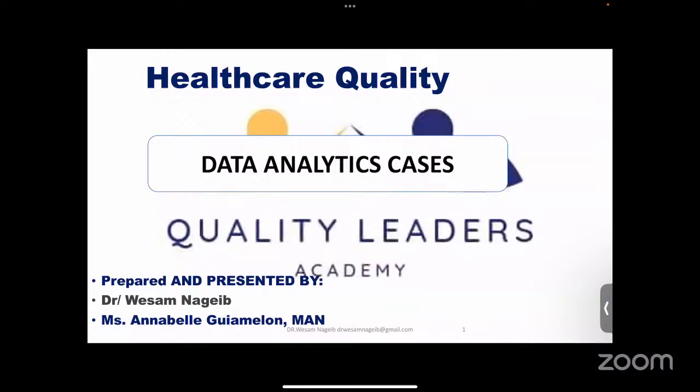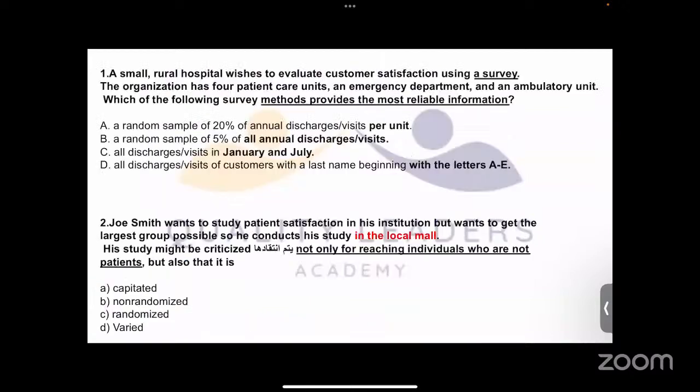Number one, a small rural hospital wishes to evaluate customer satisfaction using a survey. The organization has 4 patient care units, an emergency department, and an ambulatory unit. Which of the following survey methods provides the most reliable information?